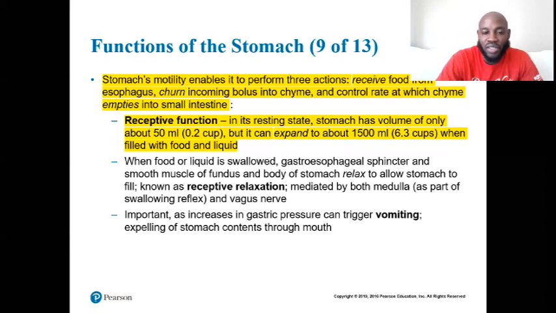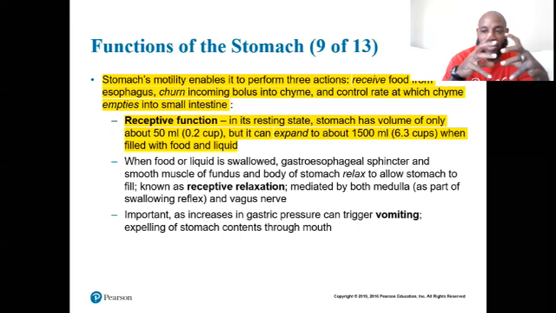So your stomach, we said, is distensible, has a huge ability to expand. All right, we have the ability for the stomach to fill up, we talked about. And it talks about receptive relaxation here. But important, this last point is that increases in gastric pressure can trigger vomiting, expelling of stomach contents through the mouth. This is all mediated by your medulla and your vagus nerve, right?